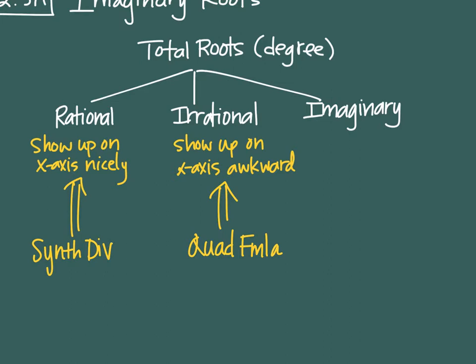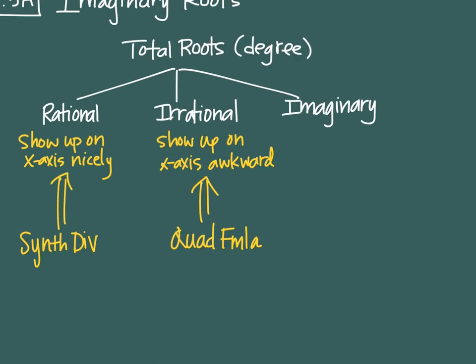Now today we're going to introduce the idea of imaginary roots. The imaginary roots do not show up on the x-axis at all. But they're still part of the solution process.